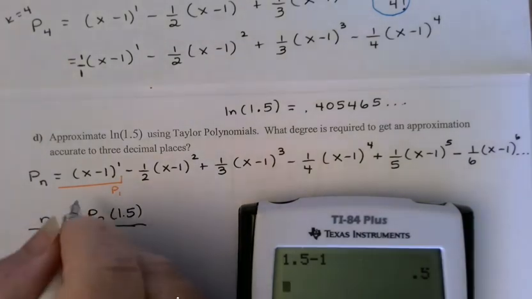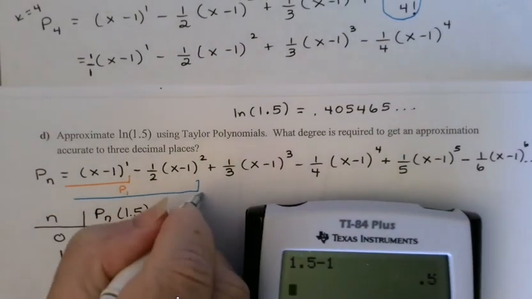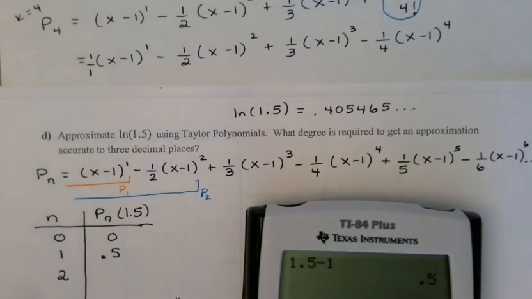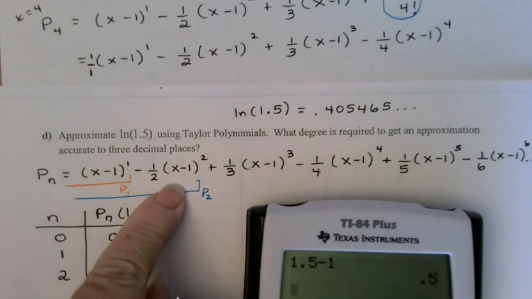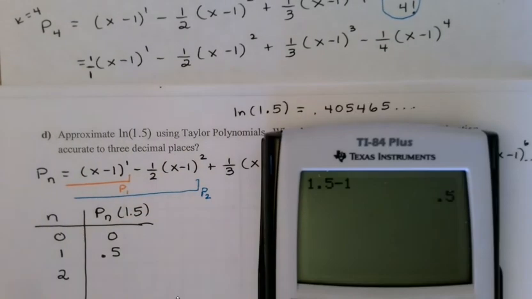P2. We've got to go out to here to get P2. So I'm going to take the P1 that I already had and add on this next term. In my calculator, I already have the 0.5.